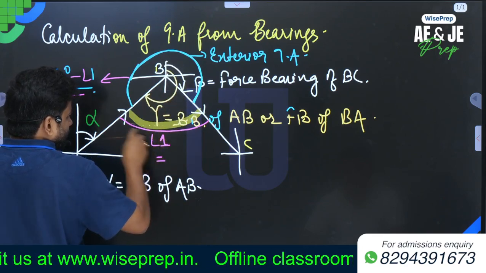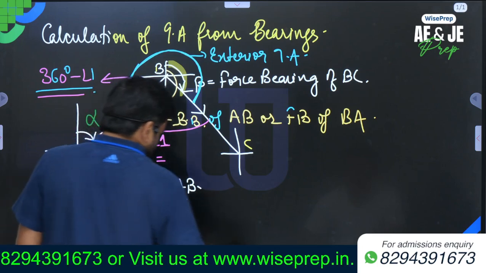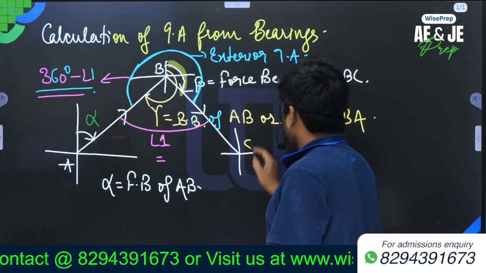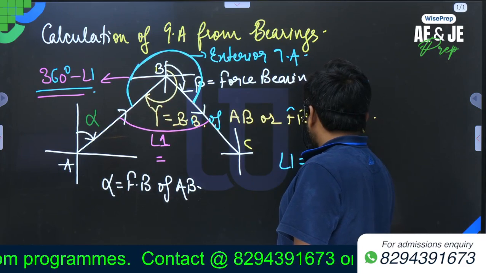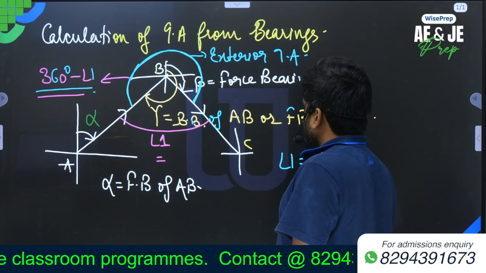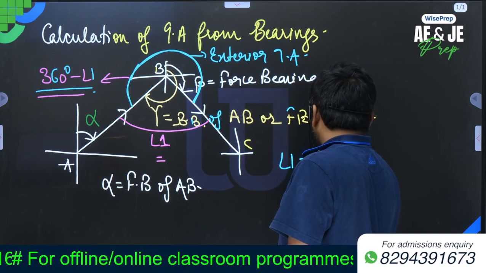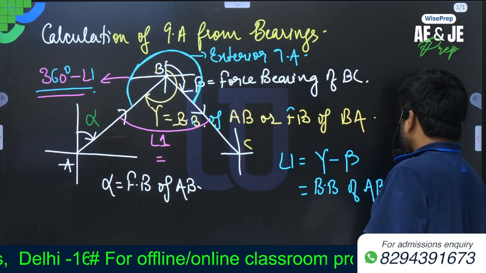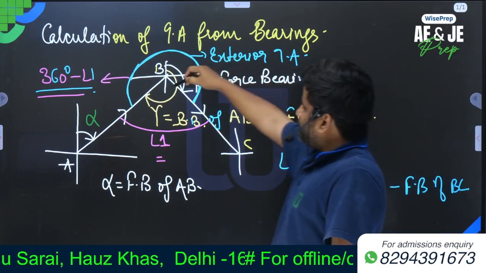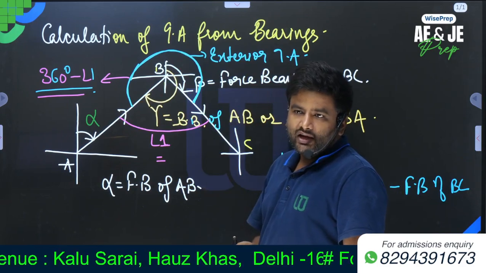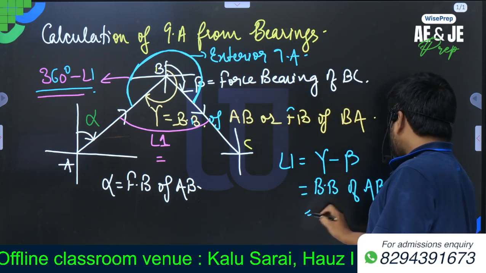So this full minus this. Angle 1 is equal to gamma minus beta. So gamma is what? Back bearing of AB minus forward bearing of BC. For angle B, AB is the preceding line and BC is the next succeeding line.